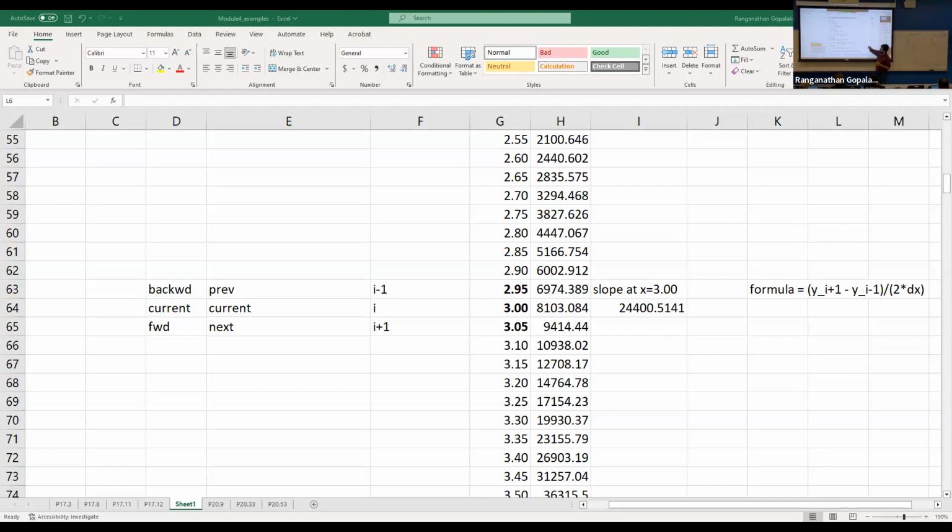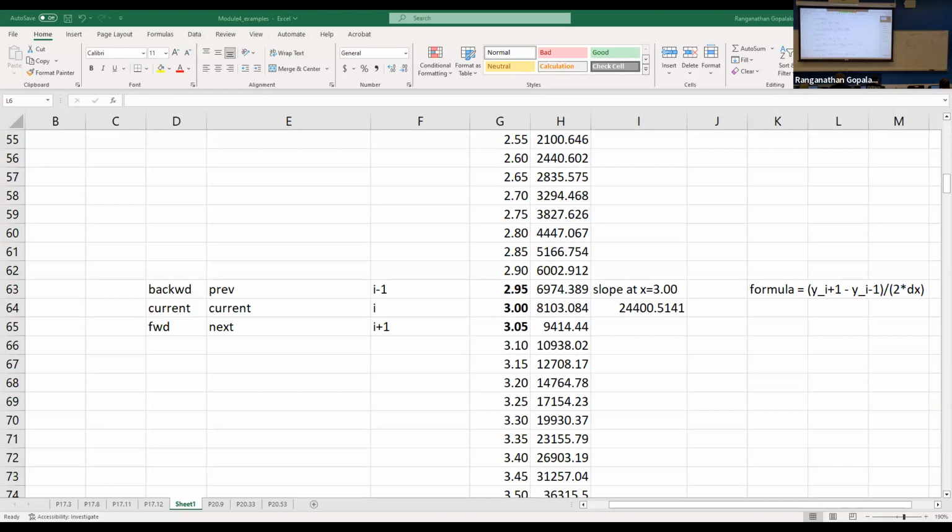So just for practice, why don't you pick out the second derivative formula using forward and using three neighbors. I don't know, how should I say that?